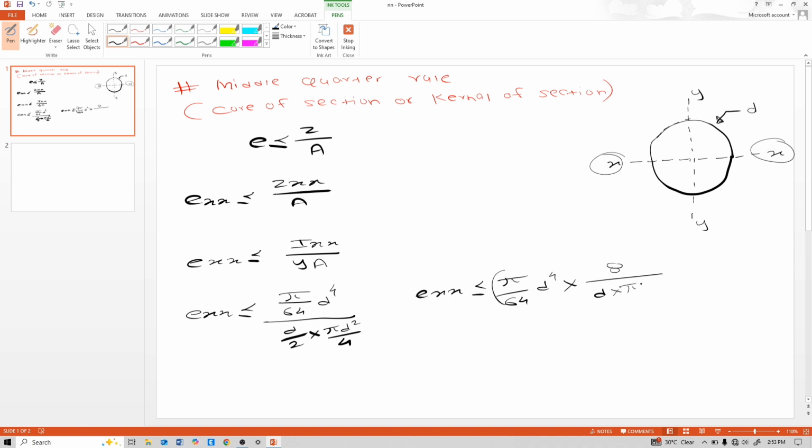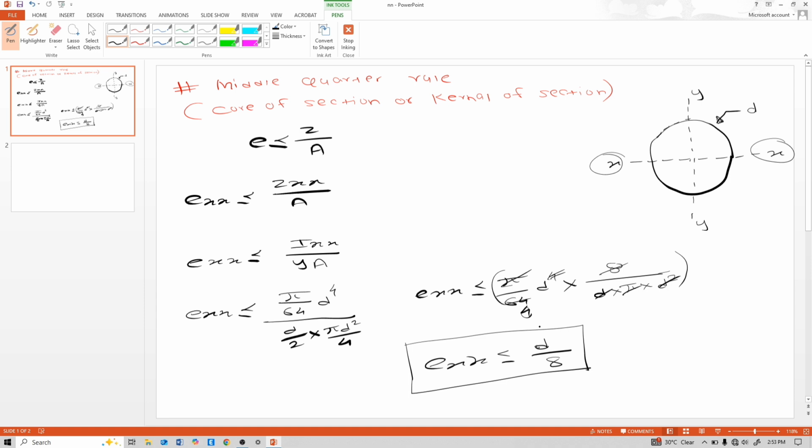So the 8 goes into the 64, one d gets cancelled, the square leaves only d, and pi gets cancelled. 8 into 64 gives 8, so the remaining is d by 8. So see this, eccentricity should be less than or equal to the diameter of the circle divided by 8.